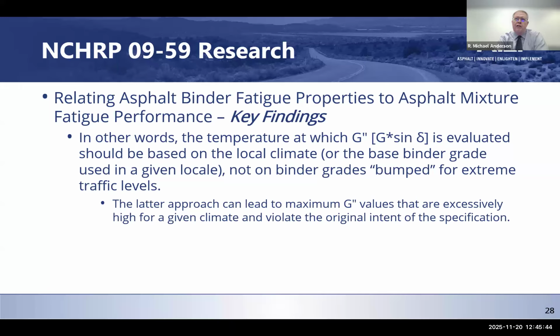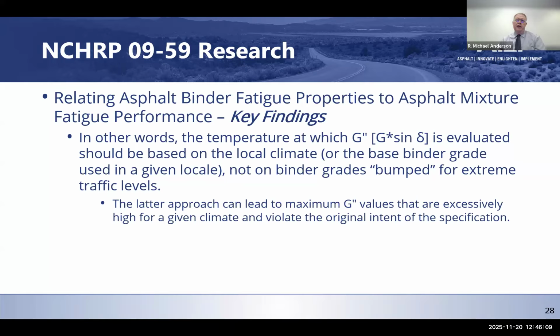I guess the way that I look at it is that most often, as you're using higher percentages of recycled materials, you're going to need a softer grade in order to compensate for the harder recycled materials, whatever that may be. And that means that you're going to bump down.